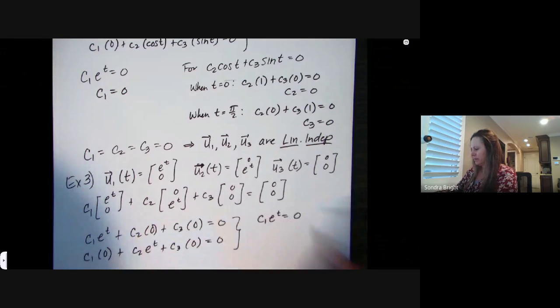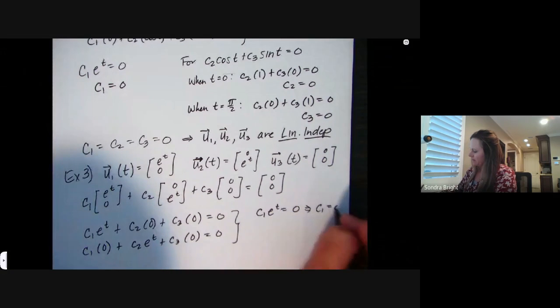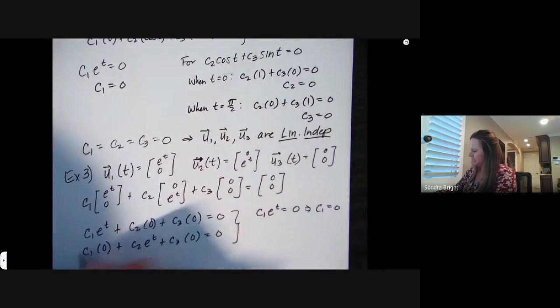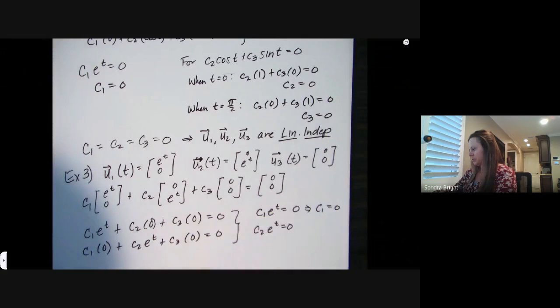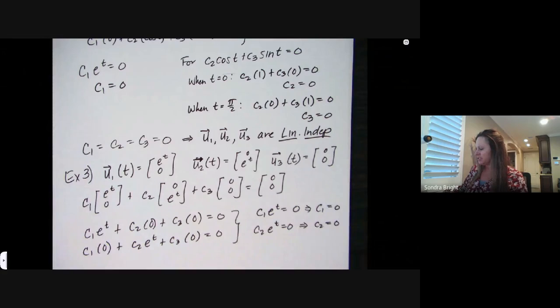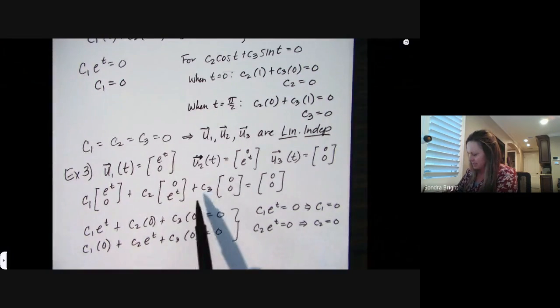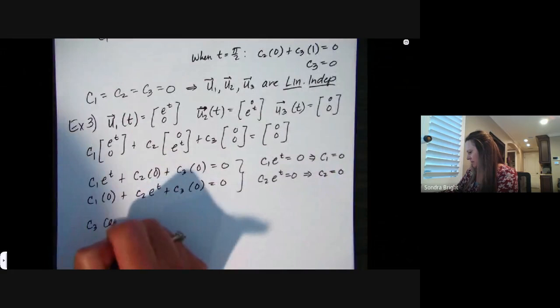Well, remember, e to the t can't ever equal 0, so C1 must equal 0. And then this one gives me that C2 times e to the t is equal to 0, which means, again, C2 is 0. All right, so we got C1 and C2, but nothing about C3. And so that means that C3 can be any real number.